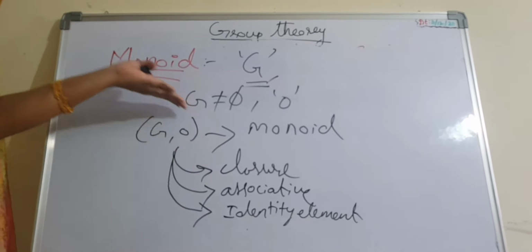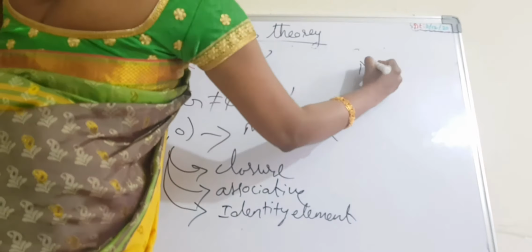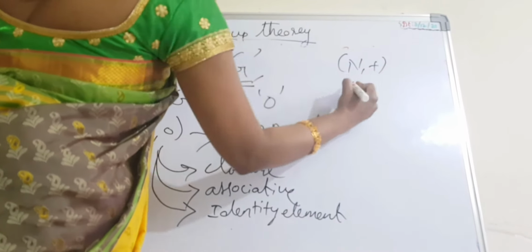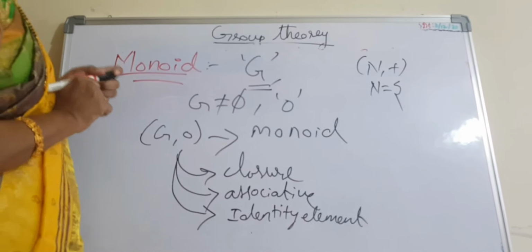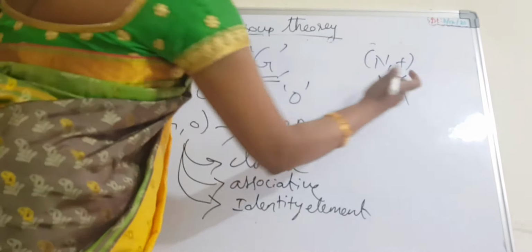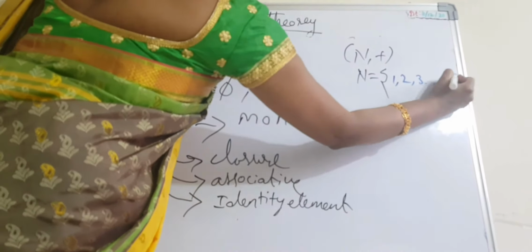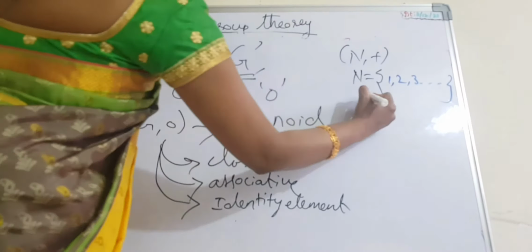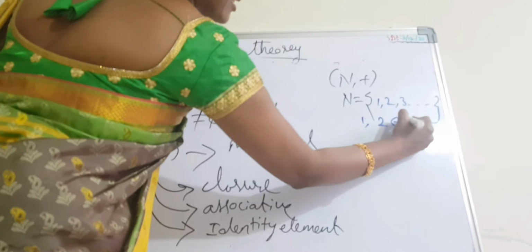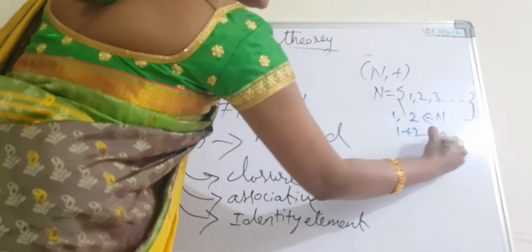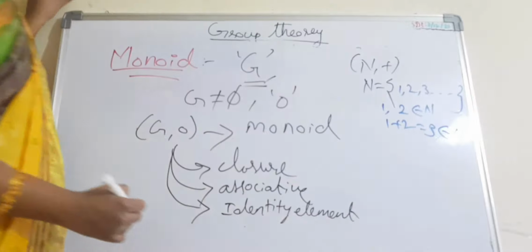Already I told you we can take the natural number set N plus. Natural numbers are 1, 2, 3, and so on. Here I am taking 1, 2 belongs to natural numbers. 1 plus 2 is equal to 3, and 3 belongs to natural numbers.